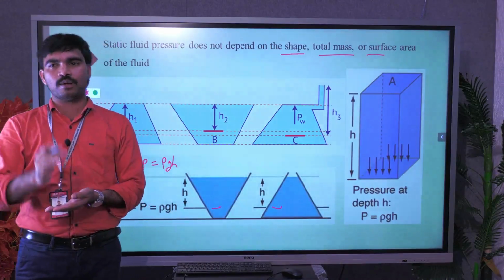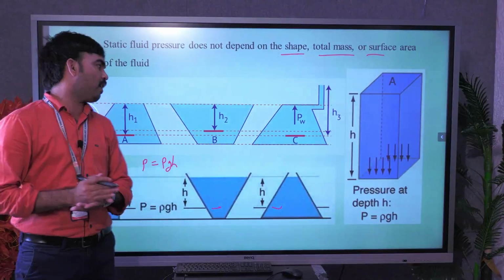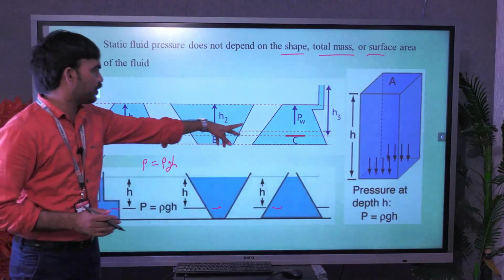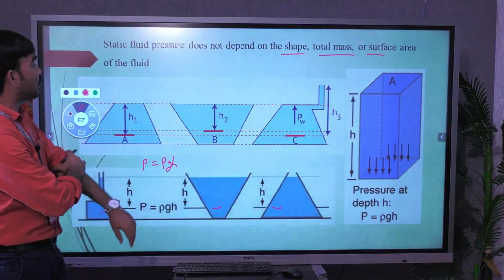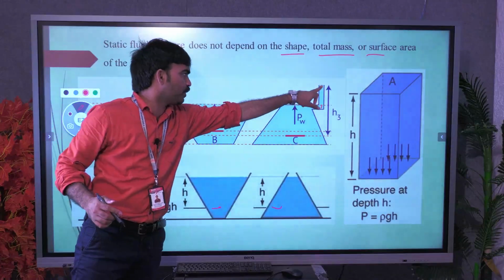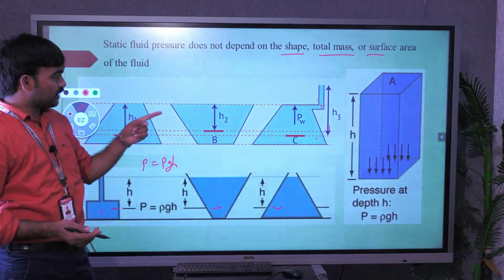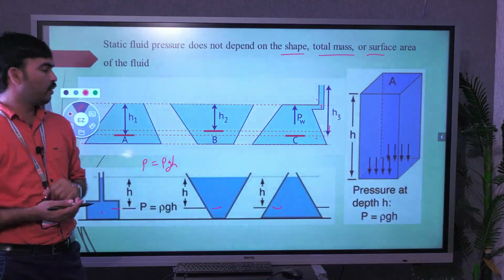It is independent of the total mass, the shape or the area. These are also three different shapes, but you will still get the same pressure if the height of the fluid is the same. Here the volume of the fluid is very small, but because of this height you will get more pressure at this point, because it depends upon the height of the fluid column.